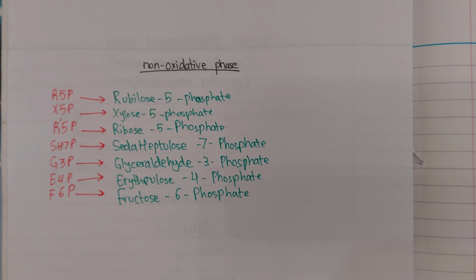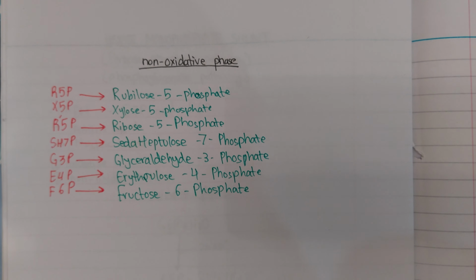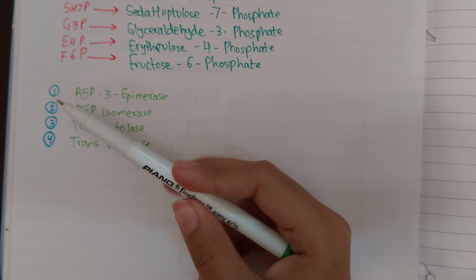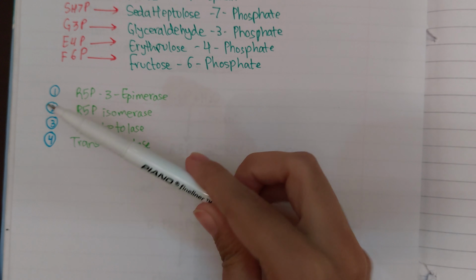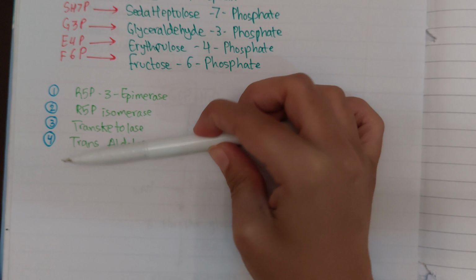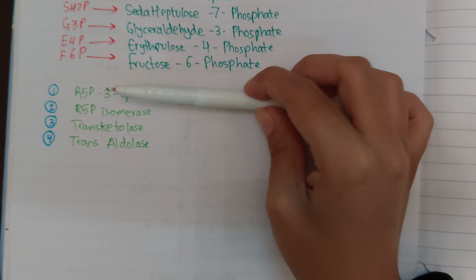And the enzymes will be numbered. I would not be writing their names, I would be writing their key numbers. As we go further down in the reaction, the enzymes will be written as 1, 2, 3, and 4.